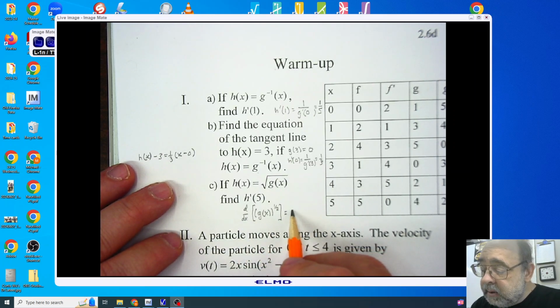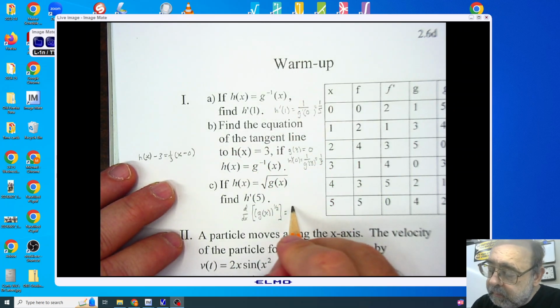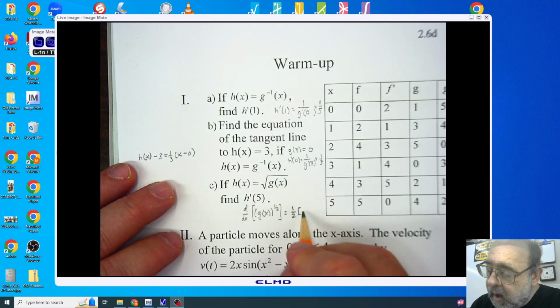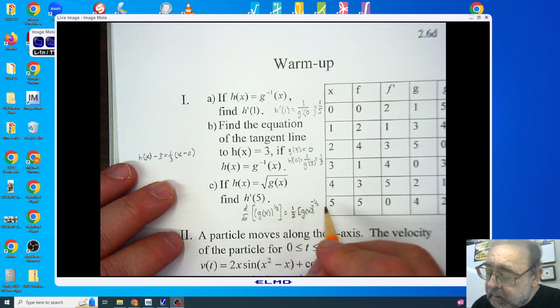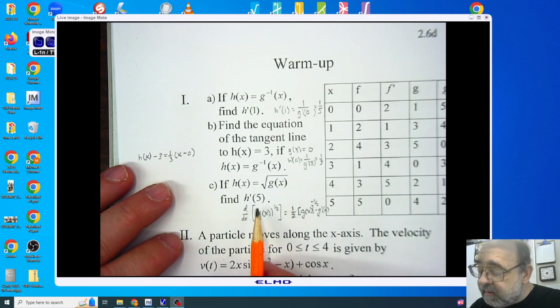I'm going to get 1/2, following the chain rule, of g of x to the negative 1/2 power times g prime of x. And I can now plug in 5.